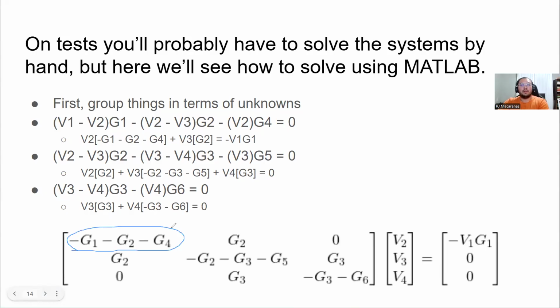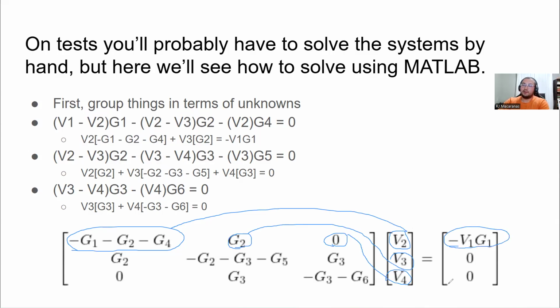For those of you that aren't familiar with matrices, I'm multiplying it by this column. I take my G2 and multiply it by V3, and I take my 0 and multiply it by V4. If I add these up, I should get my first entry in this column vector on the other side.